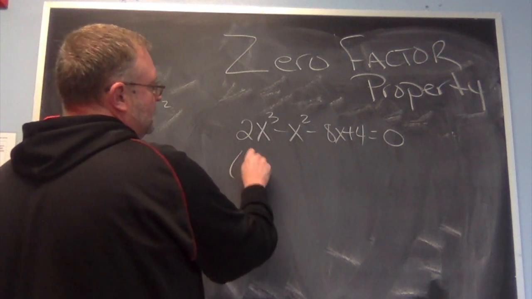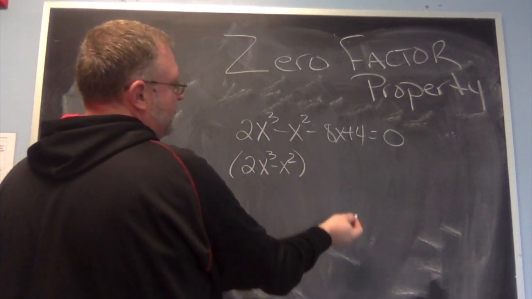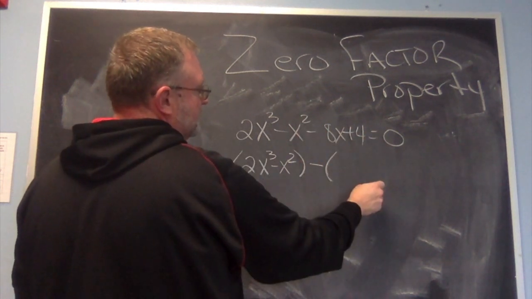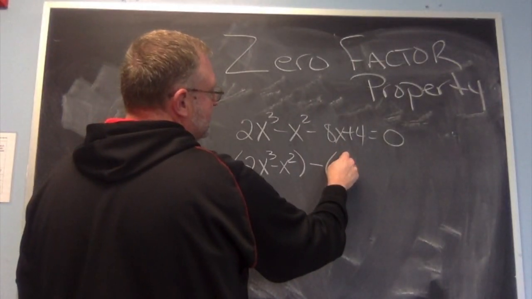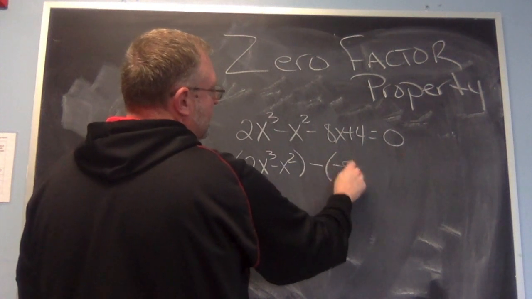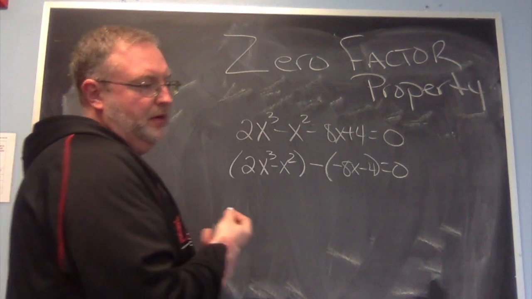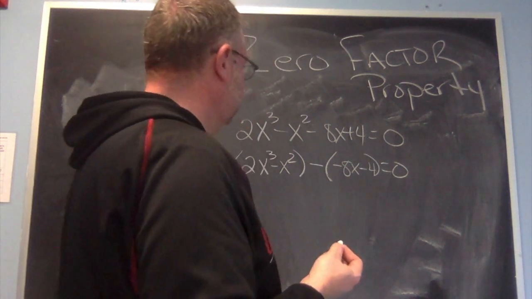So I'm going to put 2x cubed minus x squared. All right, and then I know that's negative, so I put a negative. I'm going to have to change all these signs. So this would be a negative 8x minus 4 equals 0. All right, so no, positive 8x.